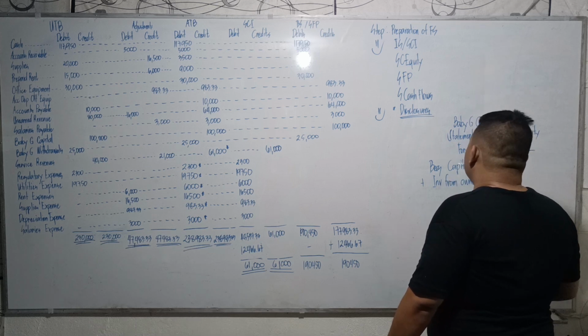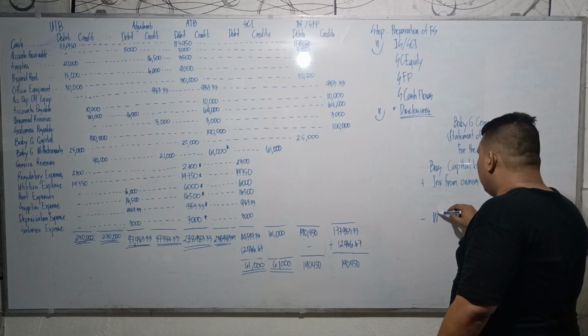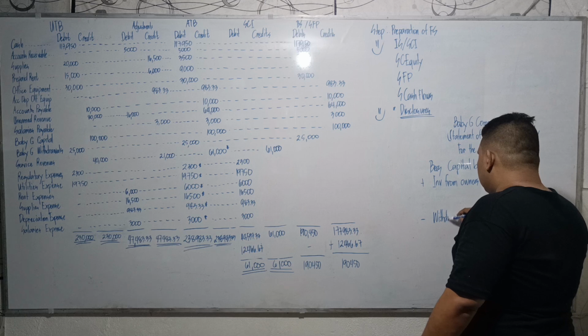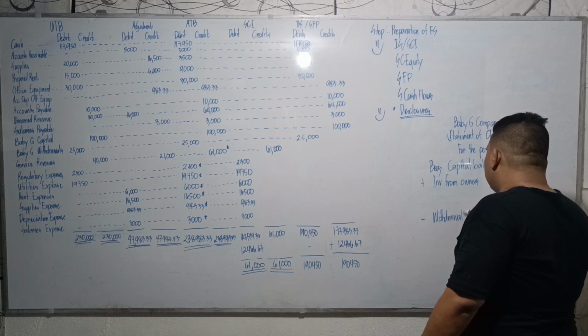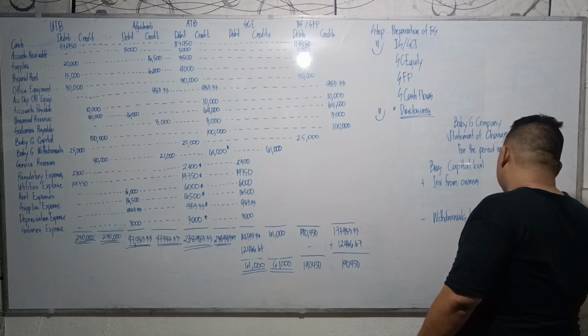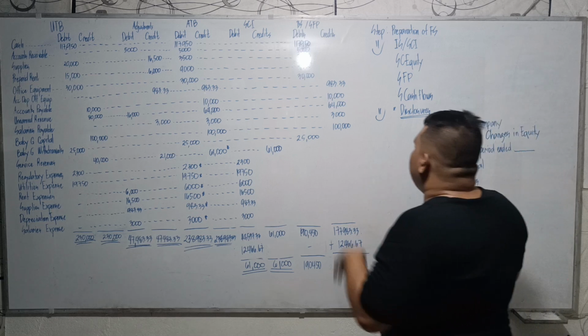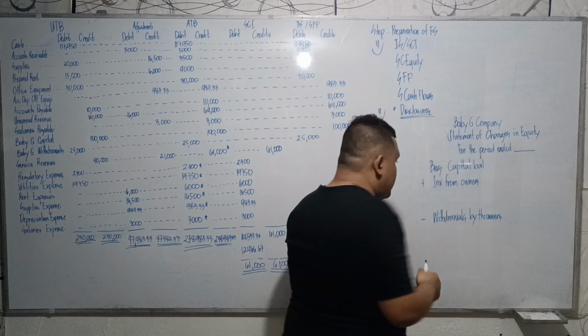You still remember that. And then, what will be deducted are withdrawals by the owners. And we have the other two, the revenues and the expenses.